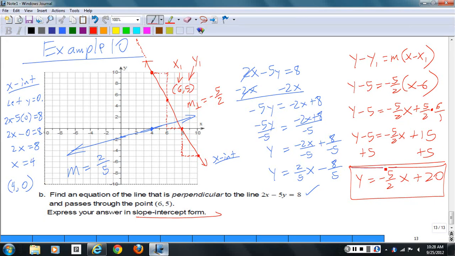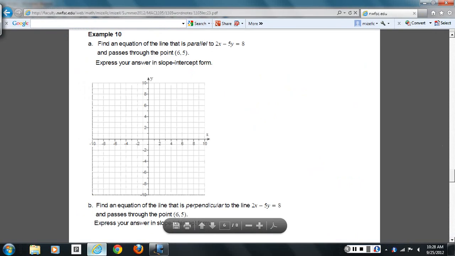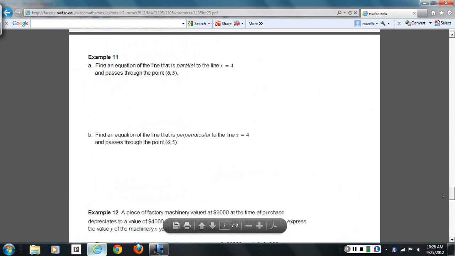And you can see what we'd do if we wanted an equation of a parallel line that goes through that point. Instead of using negative 5 halves, we'd just stick with the slope 2/5 and find the equation of the parallel line that way. So that is 10b. 11 should be a short, sweet example.